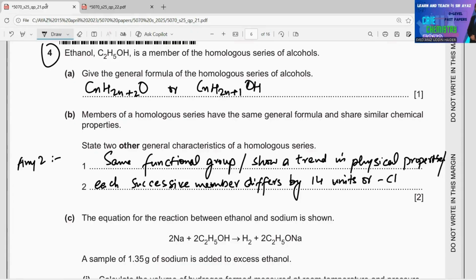You can even write that they can be prepared by a similar or same method, or same method of preparation.